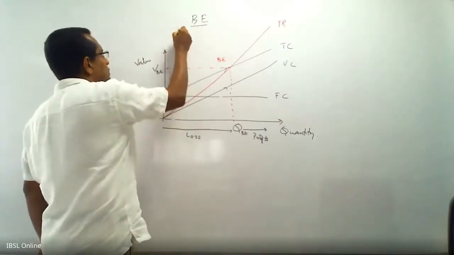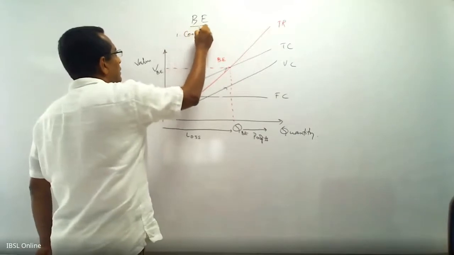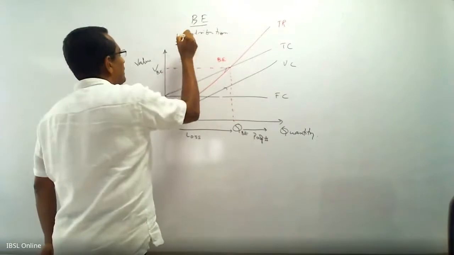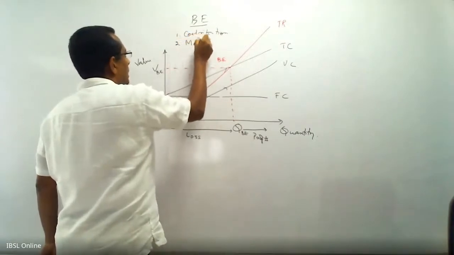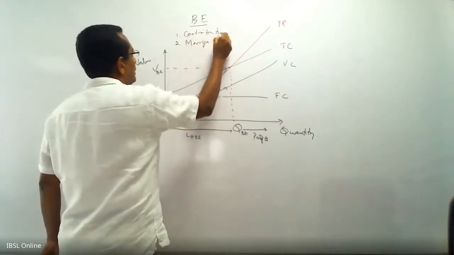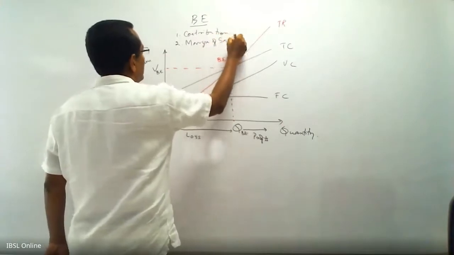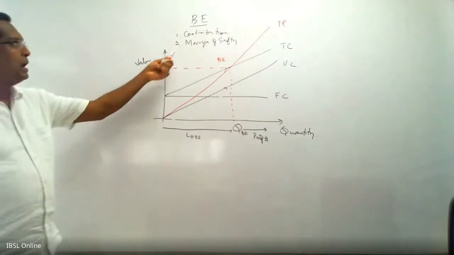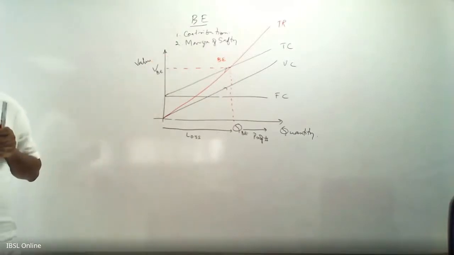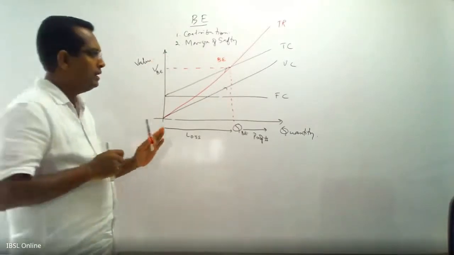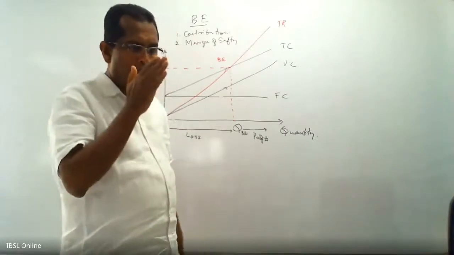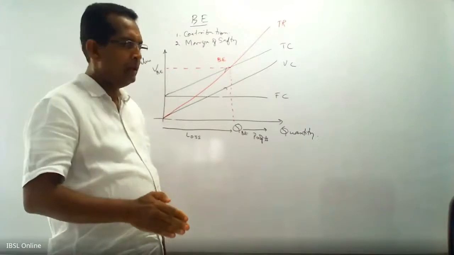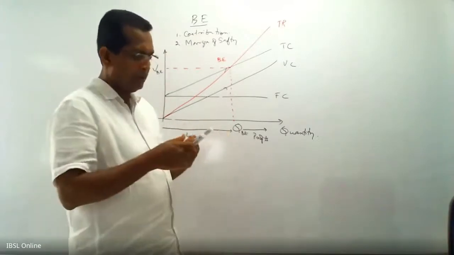First one, contribution. Second, margin of safety. Right? Margin of safety. What's it? It is the difference between the actual sales or the projected sales and the break-even point.